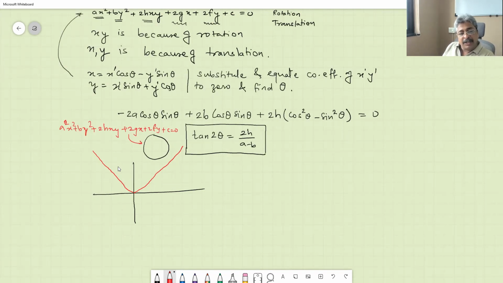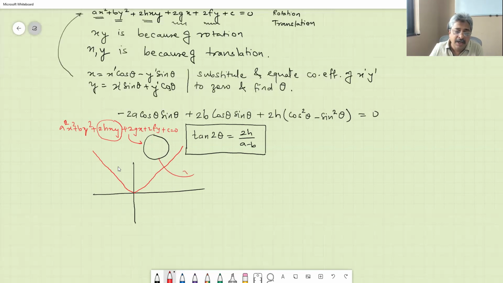What will happen to this xy term after rotation of the circle? If it is a circle originally in general position, after rotation it will continue to remain a circle, and in the first place h is going to be 0.